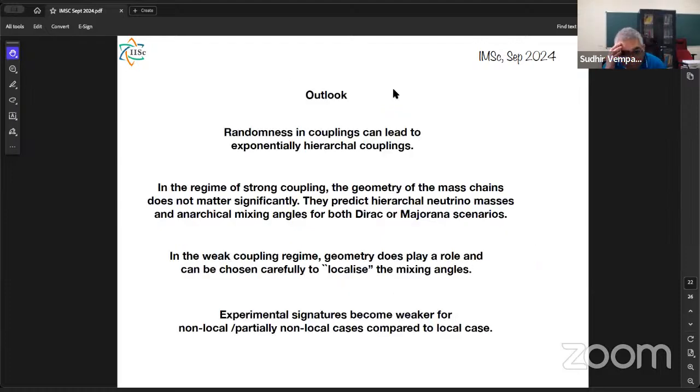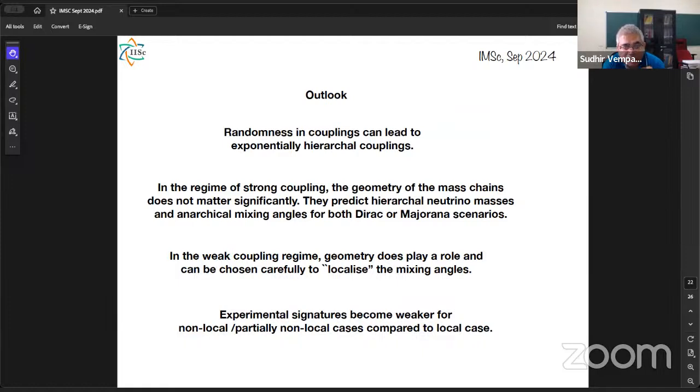So I stop here with the outlook: randomness in coupling can lead to exponentially hierarchical couplings. In the regime of strong coupling, the geometry of the mass chains does not matter significantly. They predict hierarchical neutrino masses and anarchical mixing angles for both Dirac and Majorana scenarios.